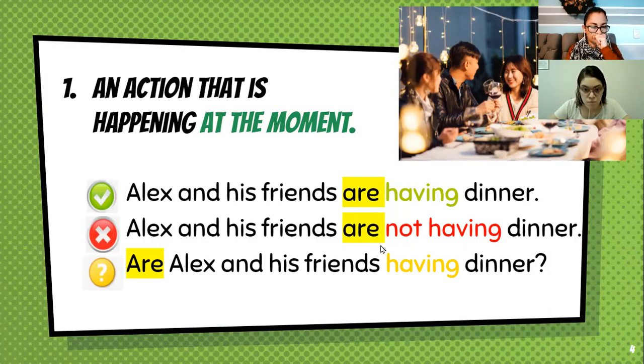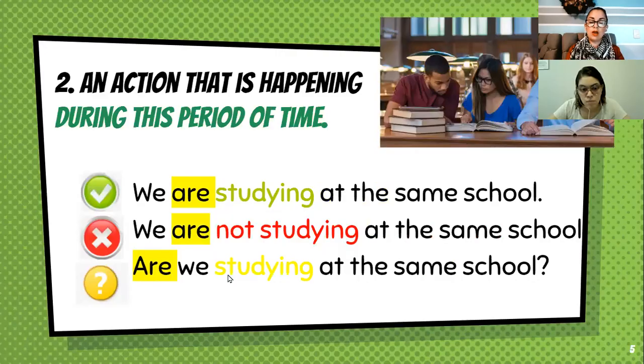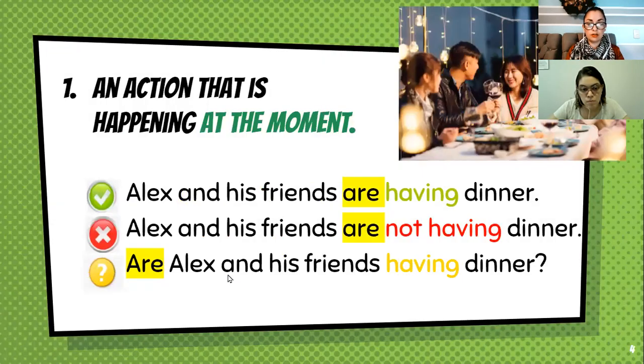And then, how would you do the question? ¿Cómo harías la pregunta? Just put the verb to be at the beginning. Mary, remember this. This will help you understand how to build a question in English, okay? In Spanish, we need to put question marks at the beginning and at the end, right?